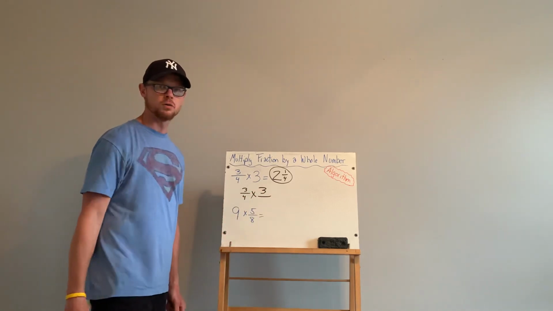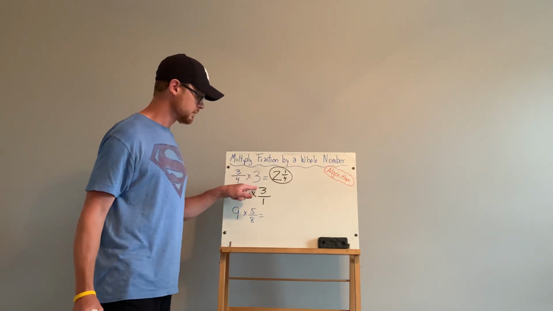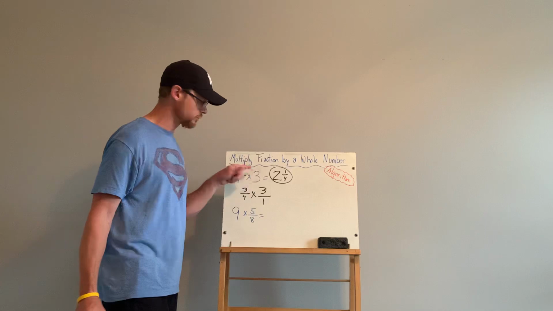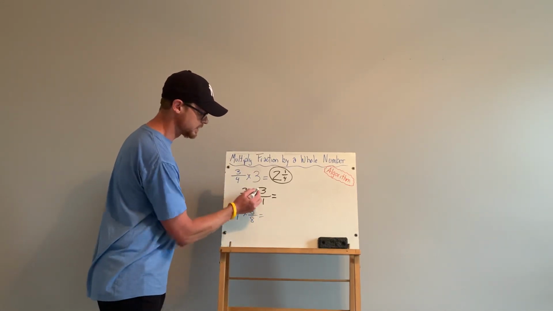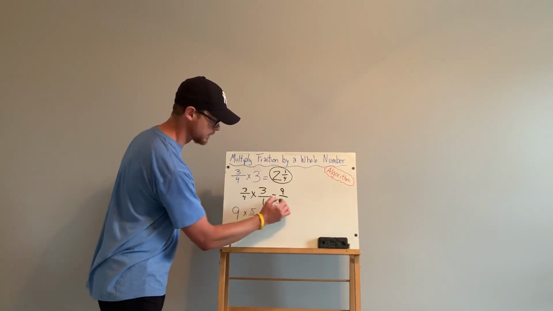All we have to do is put the whole number over 1, because 3 is the same thing as 3 over 1. How many 1s can go into 3? 3. Now we just multiply across. 3 times 3, we get 9. 4 times 1, we get 4.